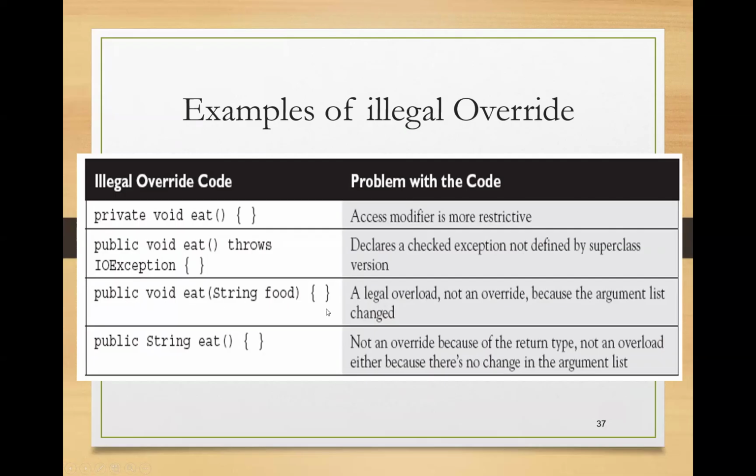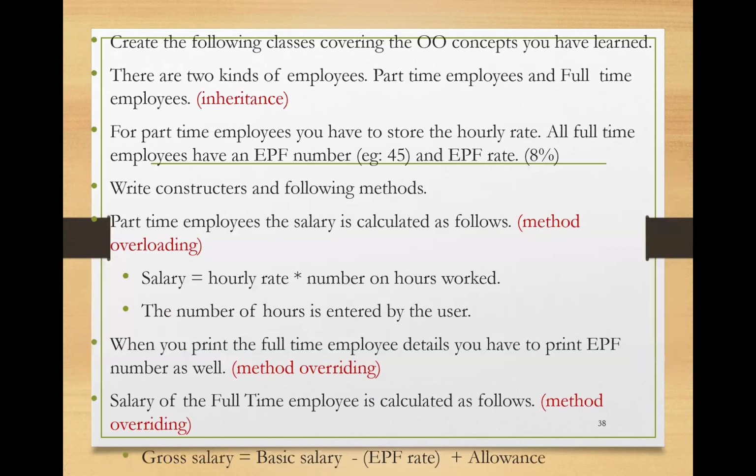This is an overload, not an override, because the argument list has changed. And public String eat is not an override because of the return type, and not an overload either because there is no change in the argument list. You can take a screenshot of this one, covering both overriding and overloading.